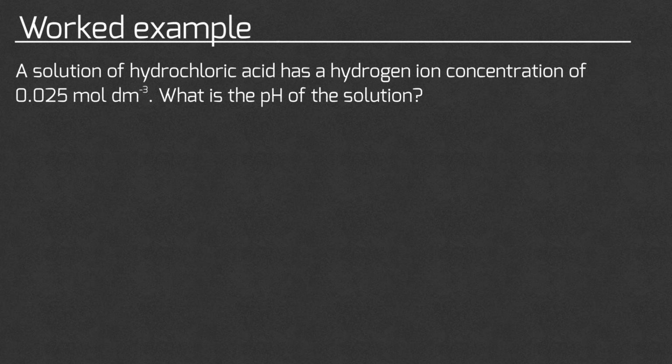So the first question is: a solution of hydrochloric acid has a hydrogen ion concentration of 0.025 moles per decimeter cubed. What is the pH of the solution? In order to answer this question, the first thing we need to know is the equation for determining the pH.